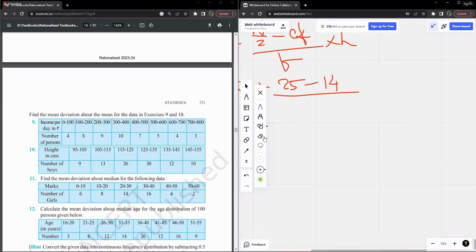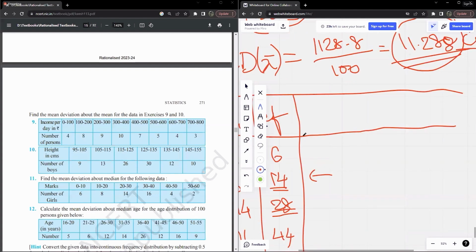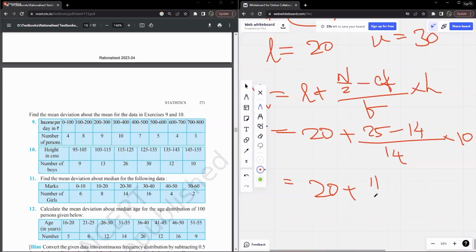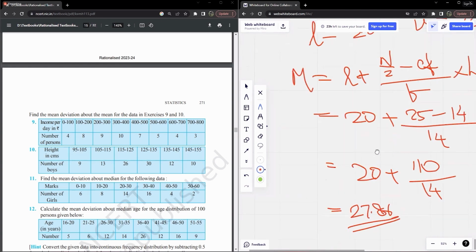So this is 20 plus 11 into 10, that's 110, where I directly multiply. It's 110 divided by 14, which is 55 by 7. That is a little less than 8, which is going to be 27.86. This is the median.